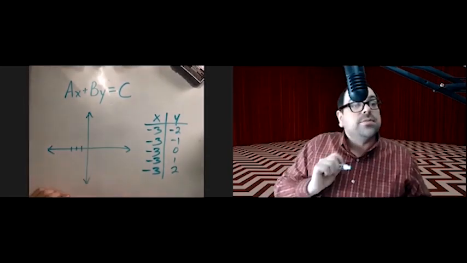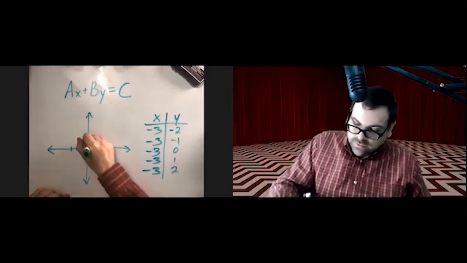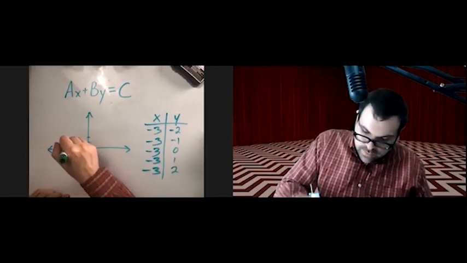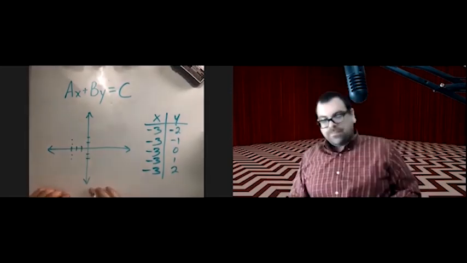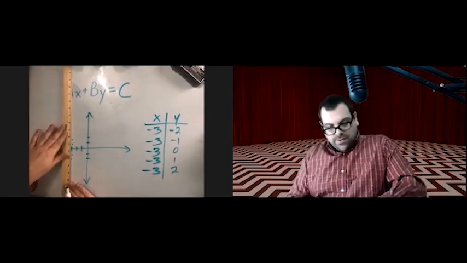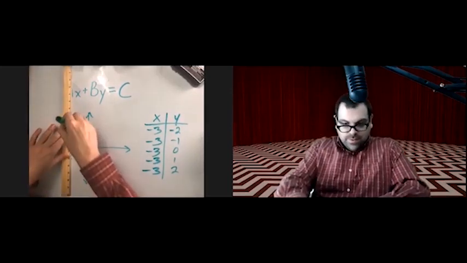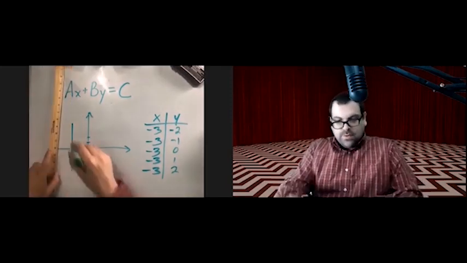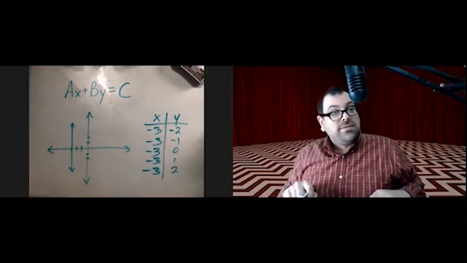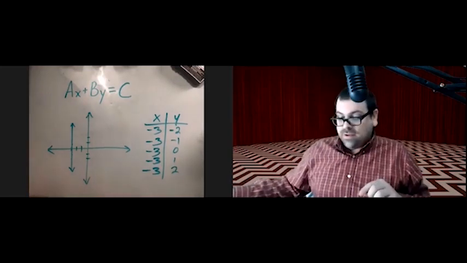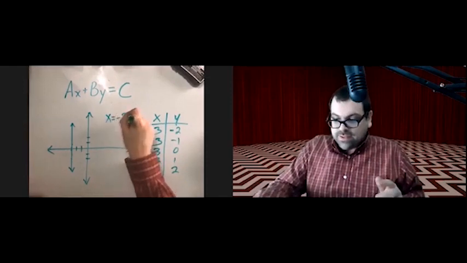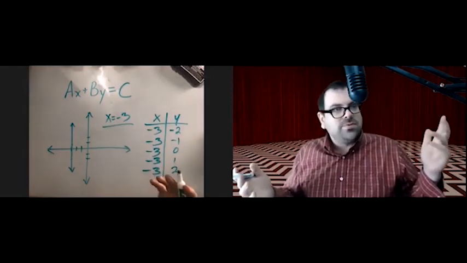I have a feeling x equals negative 3 is going to be important. And they most certainly do fall on a line. A vertical line, just like we thought might happen. And where does that vertical line exist? x equals negative 3.